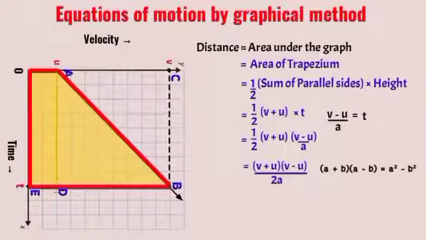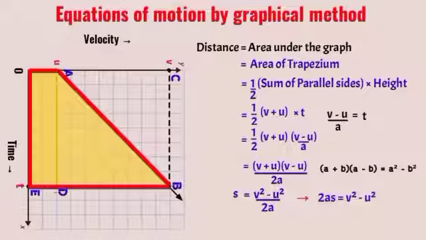Here we notice that A is under multiplication with the 2. So the equation becomes S is equal to (V plus U) into (V minus U) upon 2A. We know an identity (A plus B) into (A minus B) is equal to A square minus B square. So here (V plus U) into (V minus U) can be written as V square minus U square upon 2A.